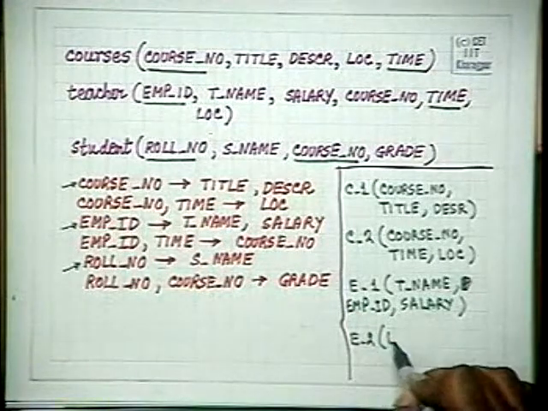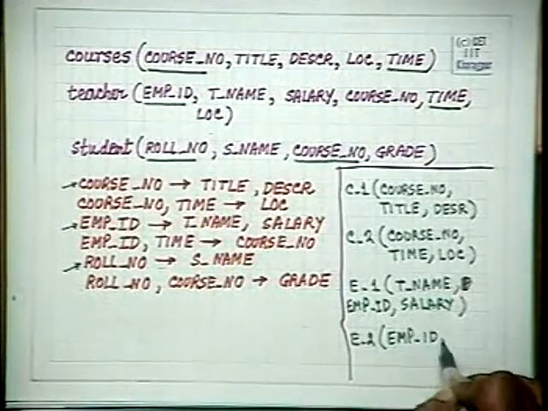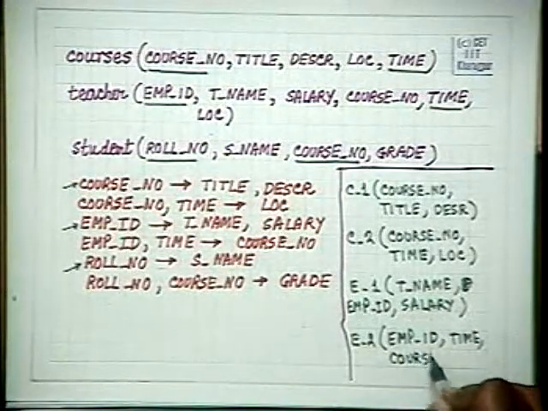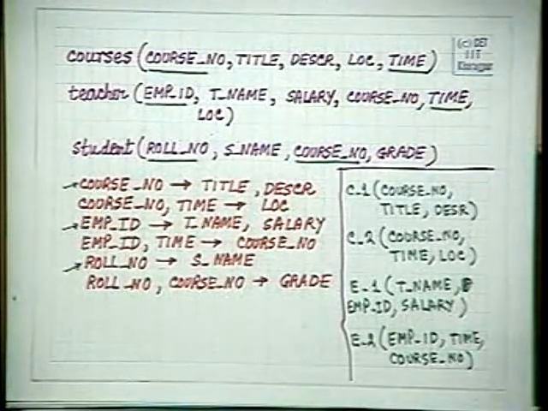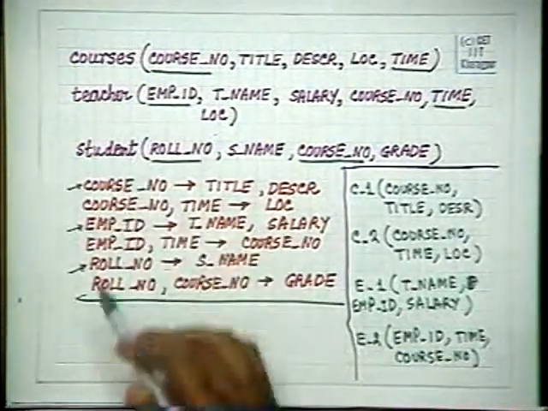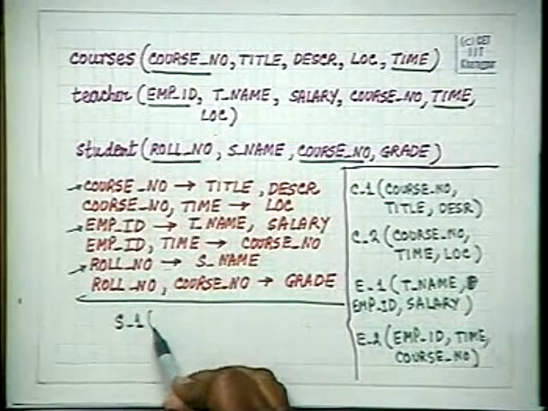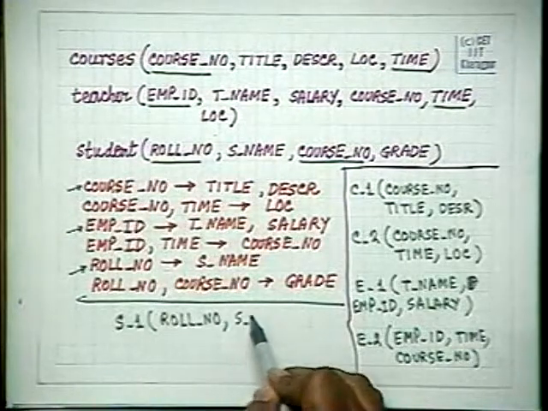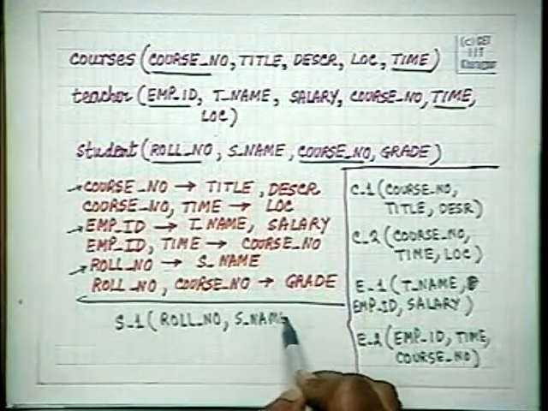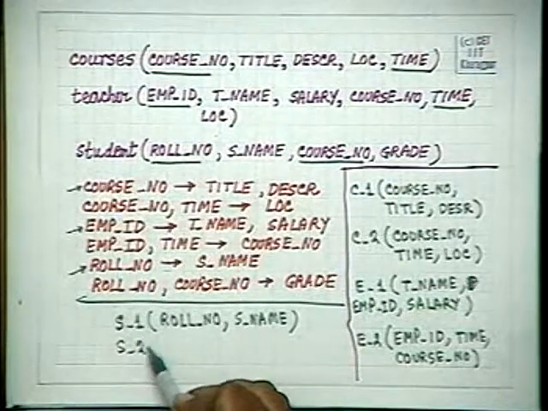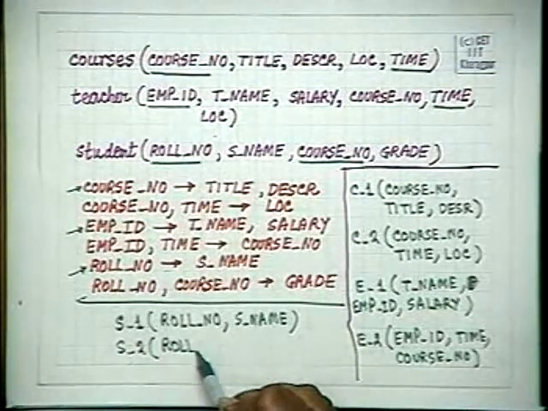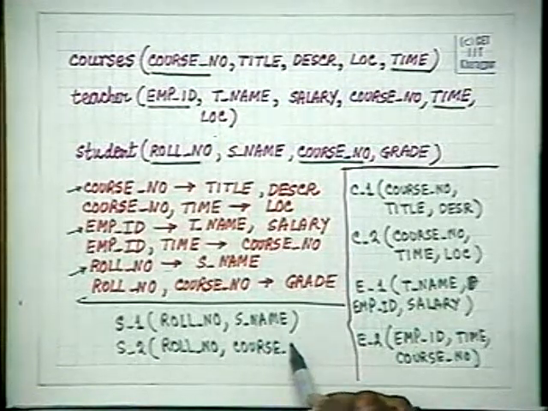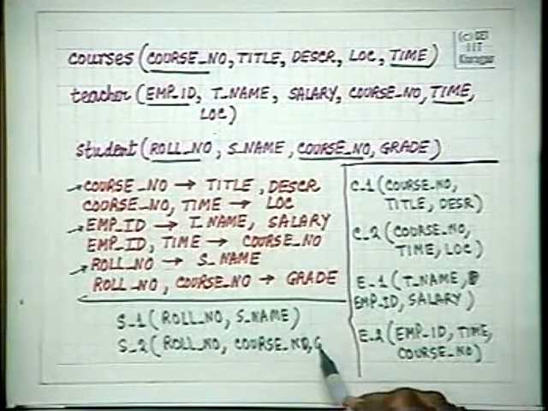This one will contain employee ID, time and course number. And thirdly, the student will be broken up into two, S1, which will contain roll number and S name, and S2, which will contain roll number, course number and grade.